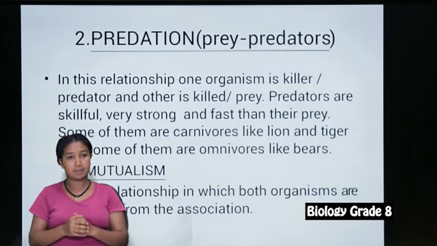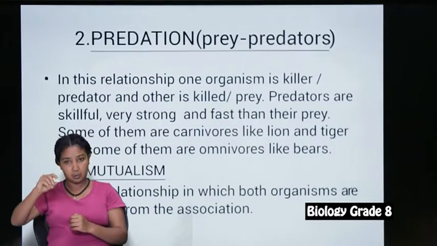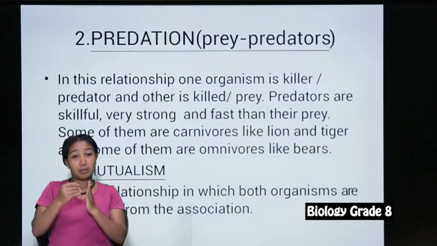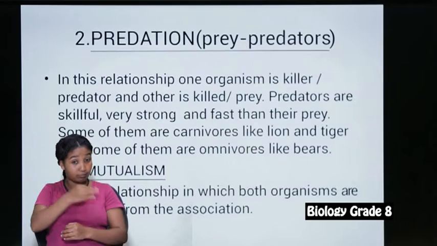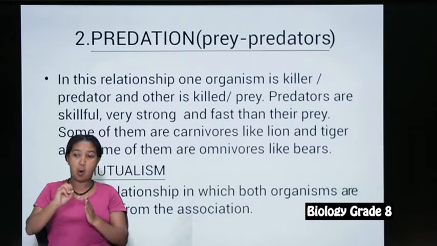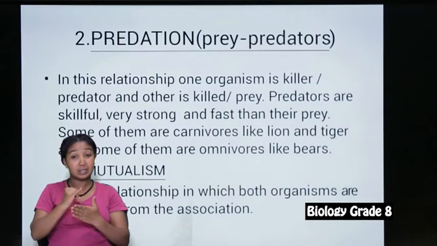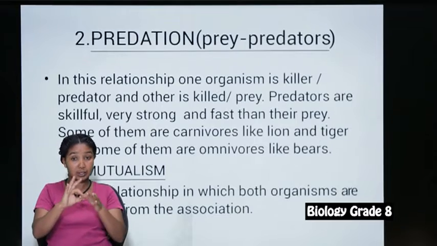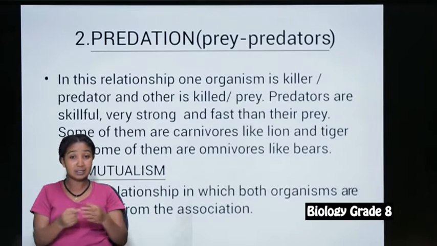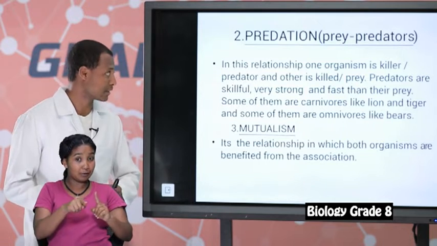These are the characteristics of predators. Some of them are carnivorous, like lion and tiger, and some of them are omnivorous, like bears. So in this association, one of the organisms is positively affected, the other is negatively affected.